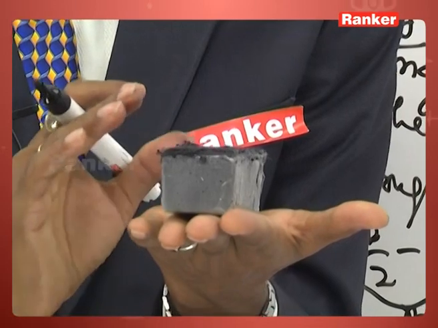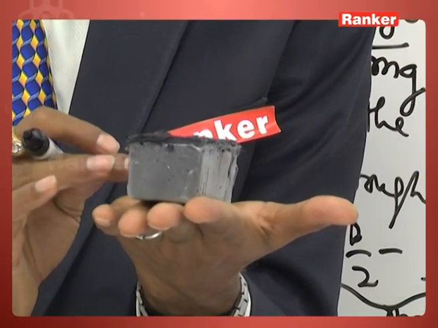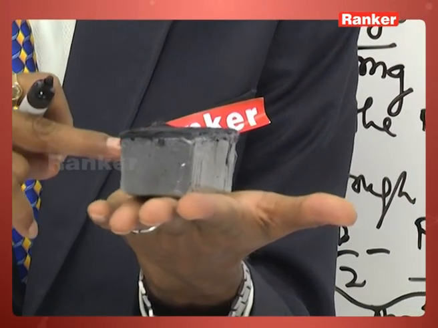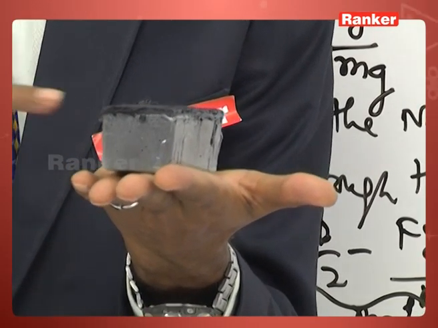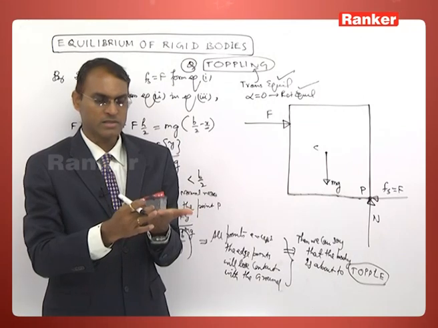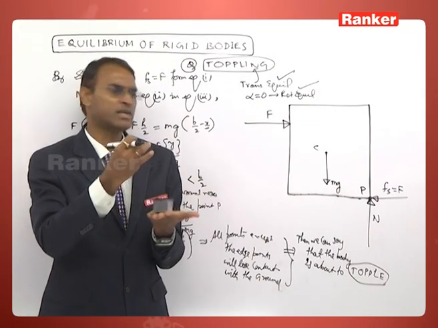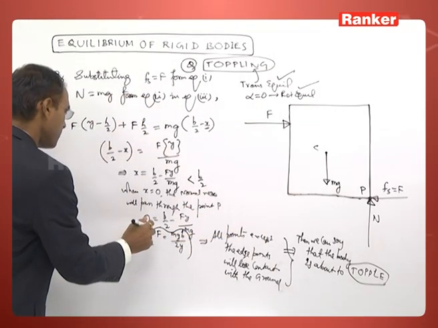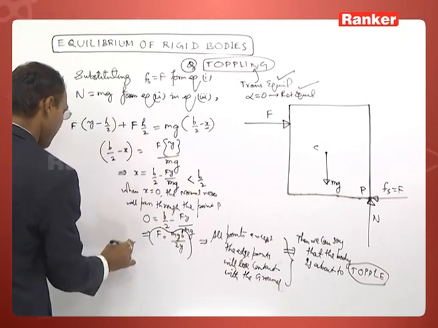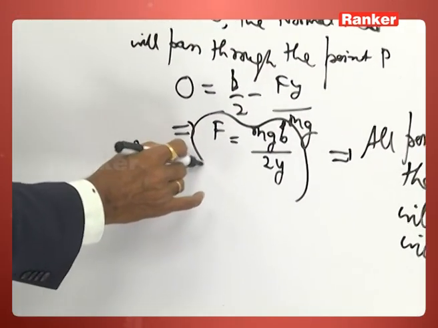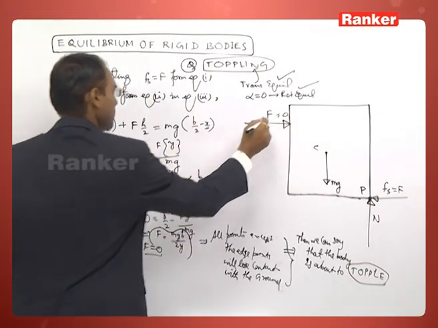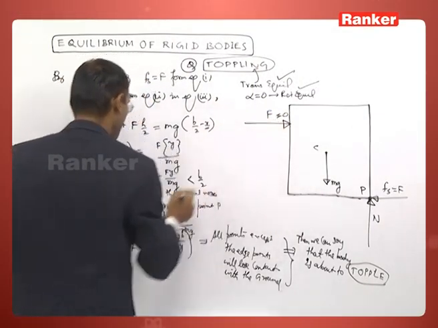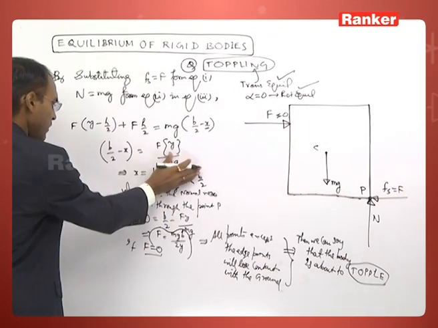here at present, when no force is acting from outside on the rigid body, on the cubical box along horizontal direction, normal reaction must pass through the what? Center of mass. Why? Because if no horizontal force is acting, when this force is 0, then if we substitute the value of this force 0, what are you getting?